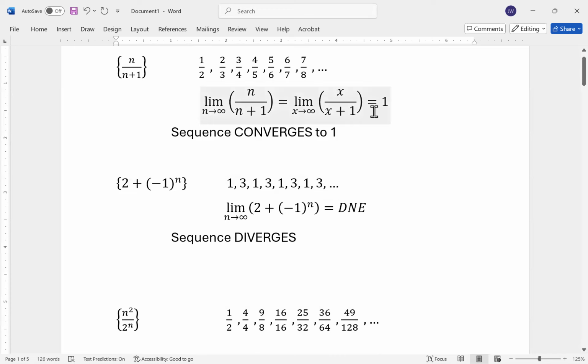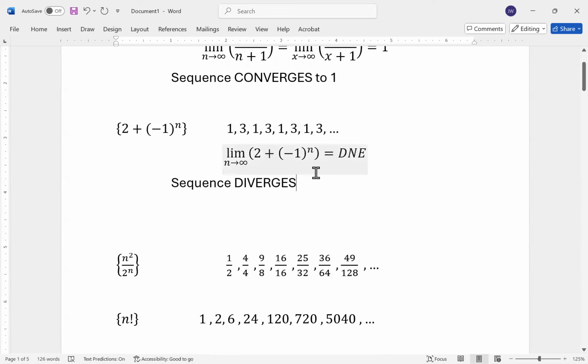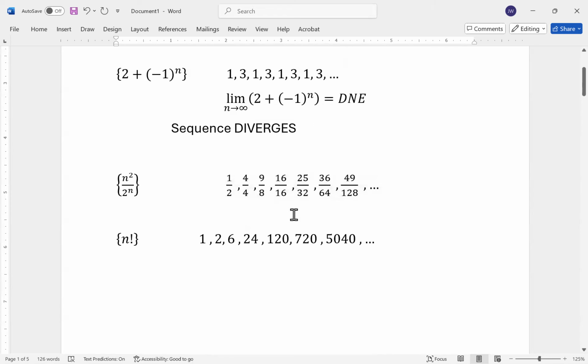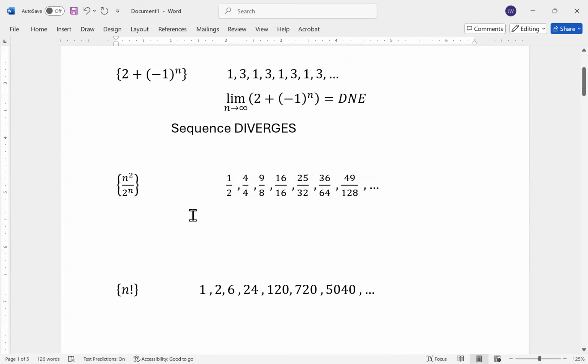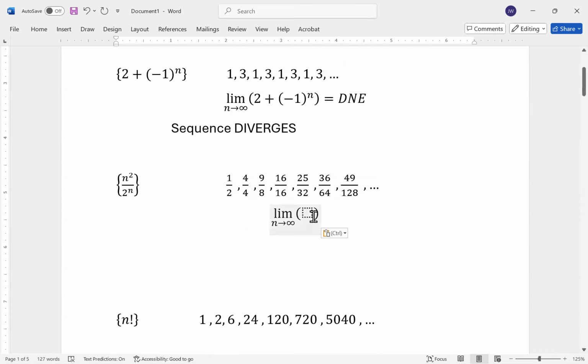So that first one converged to 1. The second one diverges. How about this third one? Once again, in this case, the tools of algebra will actually work out pretty nice. We're going to take n squared divided by 2 to the nth power.